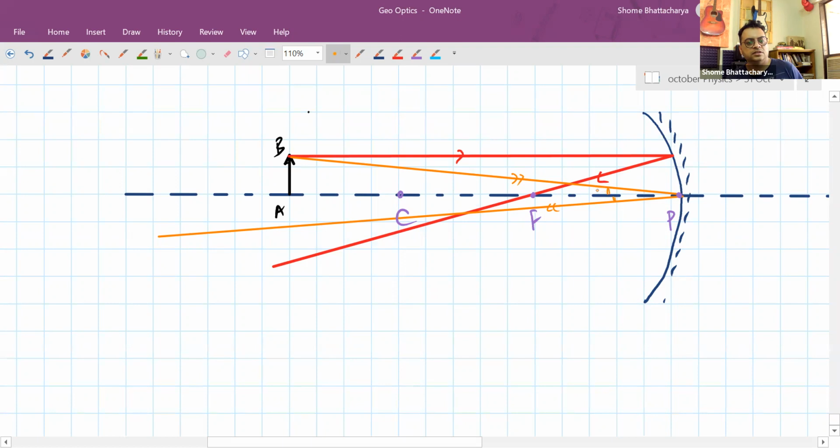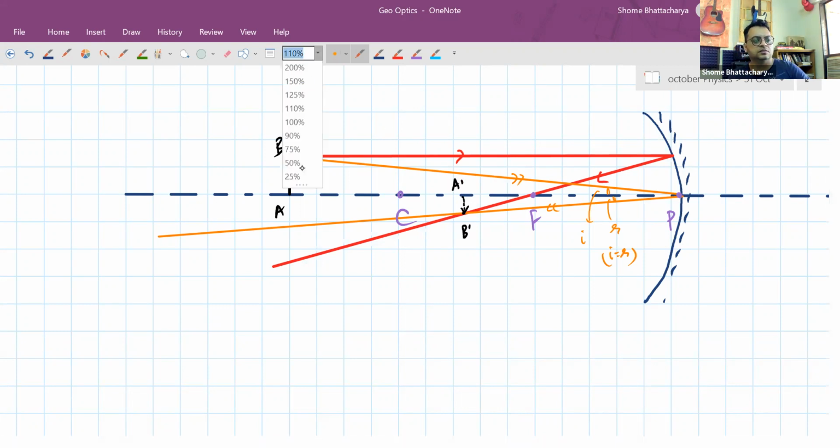This angle of incidence here will be equal to this angle of reflection here. And so we will see that the image of the point B is now formed here, because of these two rays. So this becomes the real, inverted, and in this case diminished, image of the extended object AB.